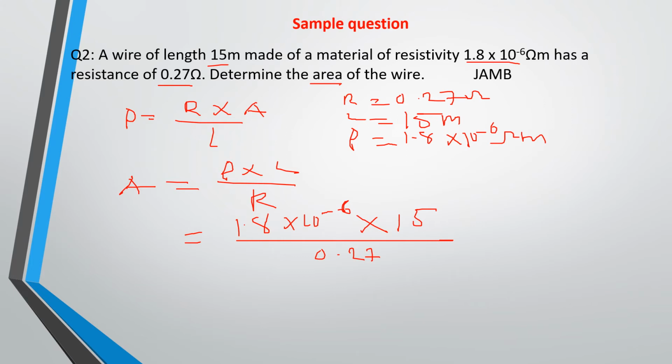By the time you punch this out in your calculator, you are going to have 1.0 times 10 raised to power minus 4 meters squared as your area. So you can see that the questions on resistivity are really simple. It is just for you to understand which variable you are looking for and make it the subject of the formula.